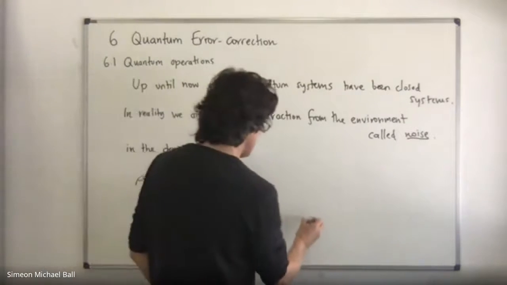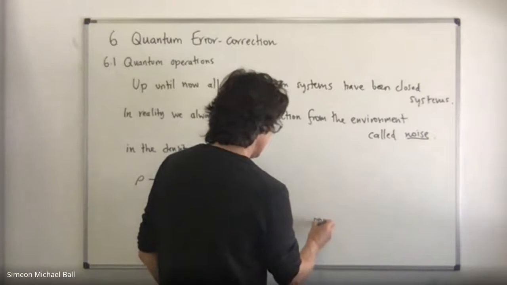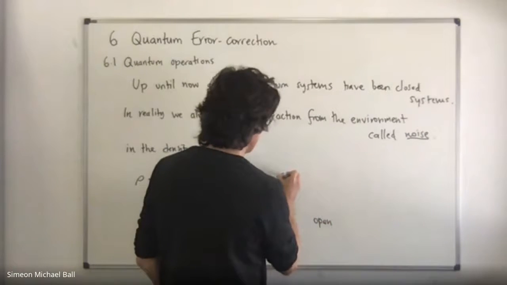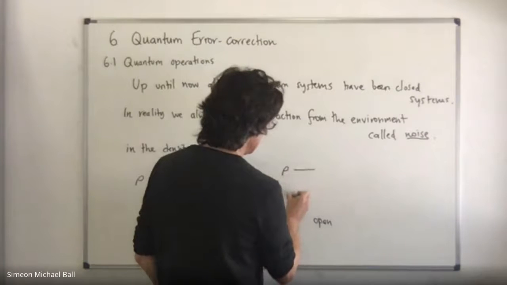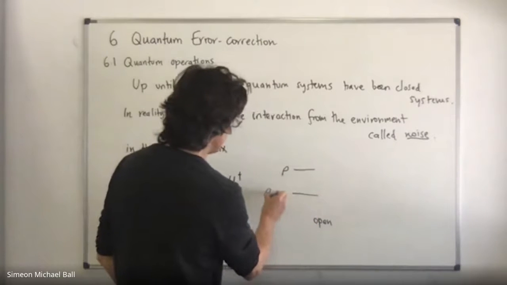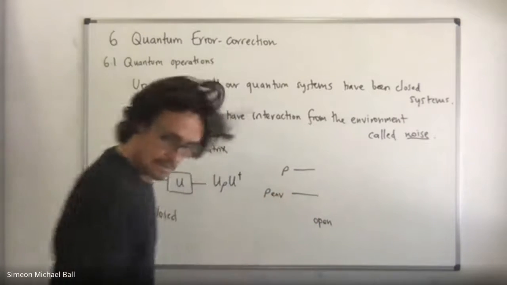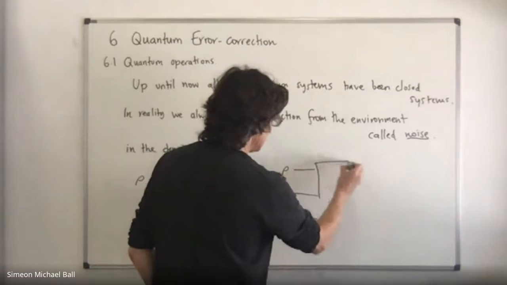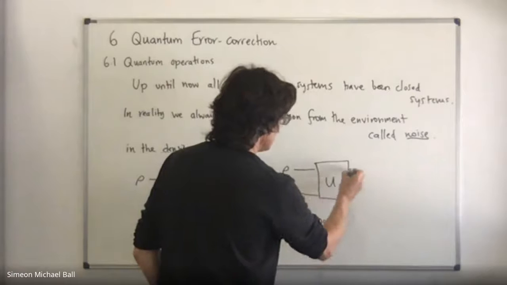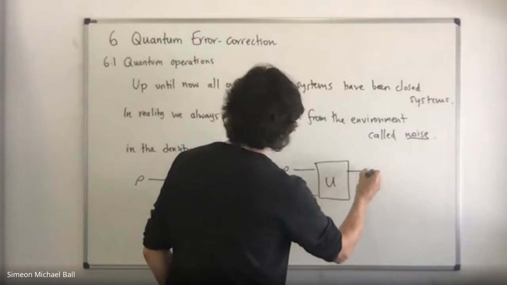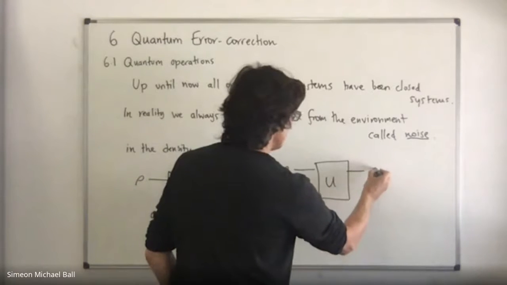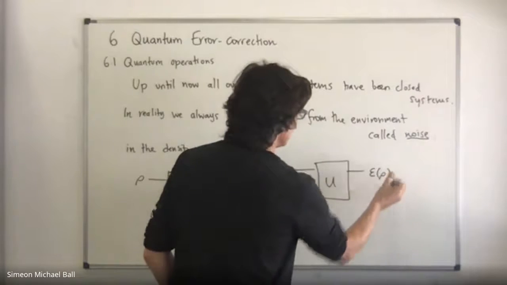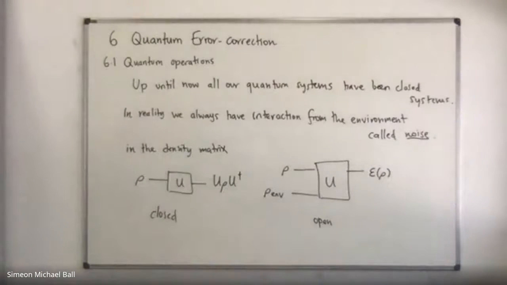And in an open system with some environment, you have rho coming in here, and then we have rho from the environment. Here, this is hitting a unitary operator, and what we're interested in is what's coming out here. Let's call it curly E of rho.